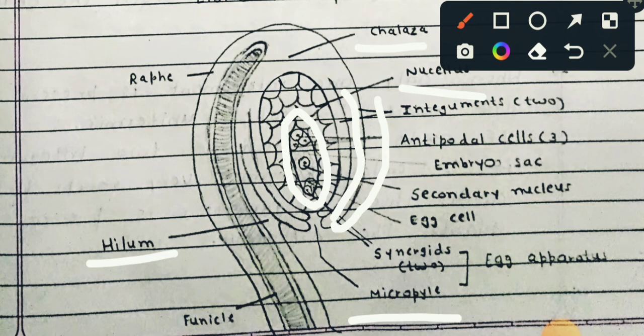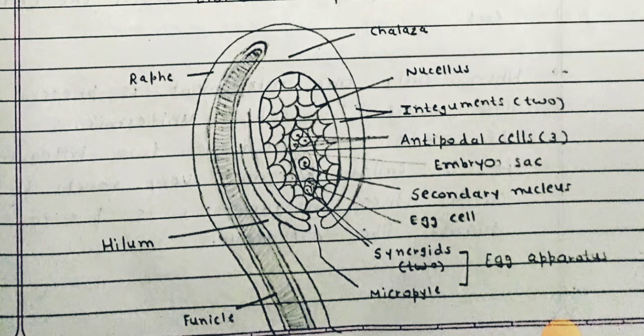At the center there is the secondary nucleus, that is also known as polar nuclei, and at the chalazal end there are three similar cells that are haploid and are known as antipodal cells. So this is all about the structure of ovule. Thank you.